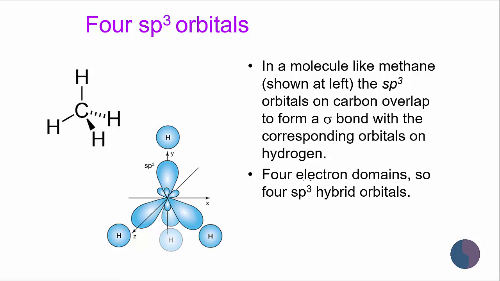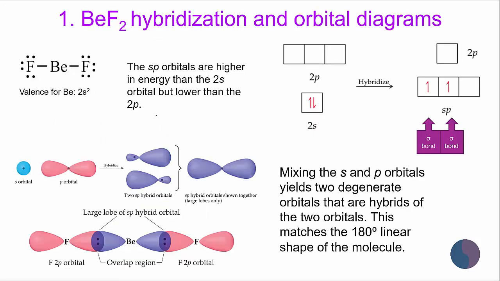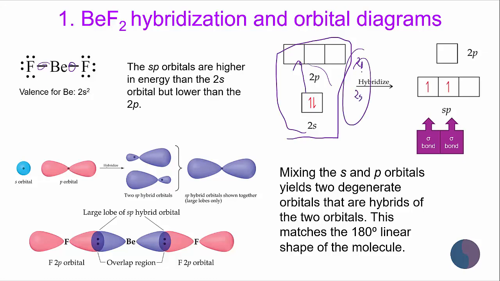Okay, and so let's do a few of these. BF2, we can see that has 2 domains, so it must be sp orbitals. This is what it normally looks like in the ground state. That gets promoted, and then they combine. You've got the 2p and the 2s, and then they combine.